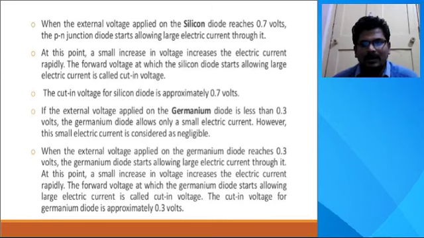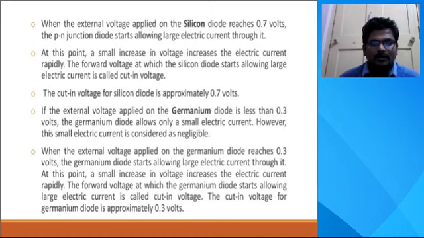So whenever in forward bias we apply 0.7 volts to a silicon diode, the electrons gain sufficient energy to break that barrier of the junction, and the electrons start to move from the n-type to p-type. So the free electrons are moving, which means that current is also generated.